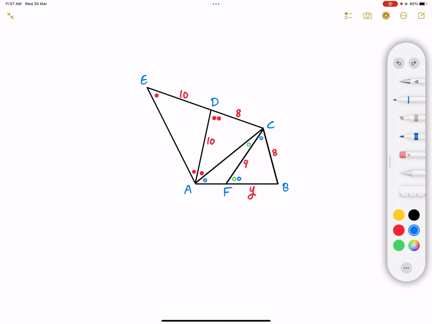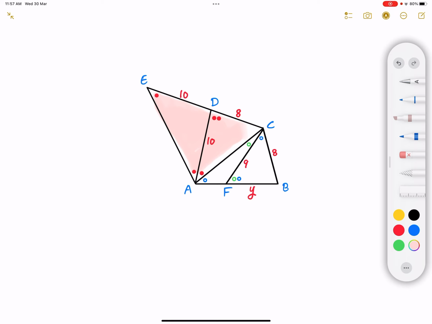Now, you can notice here that in this triangle we have an angle bisector. So we can benefit from the angle bisector theorem, which tells us that an angle's bisector divides the interior angle's opposite side, which is EC, into two line segments which are proportional to the two other sides of the triangle, AC and AE.